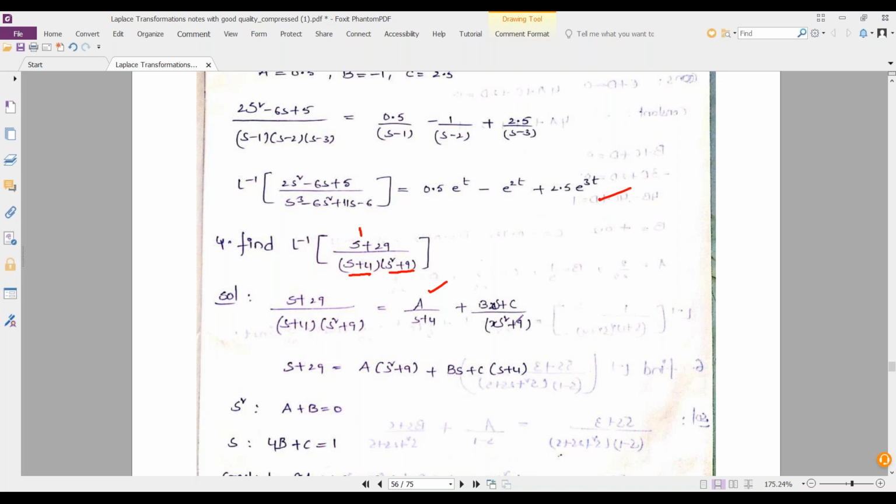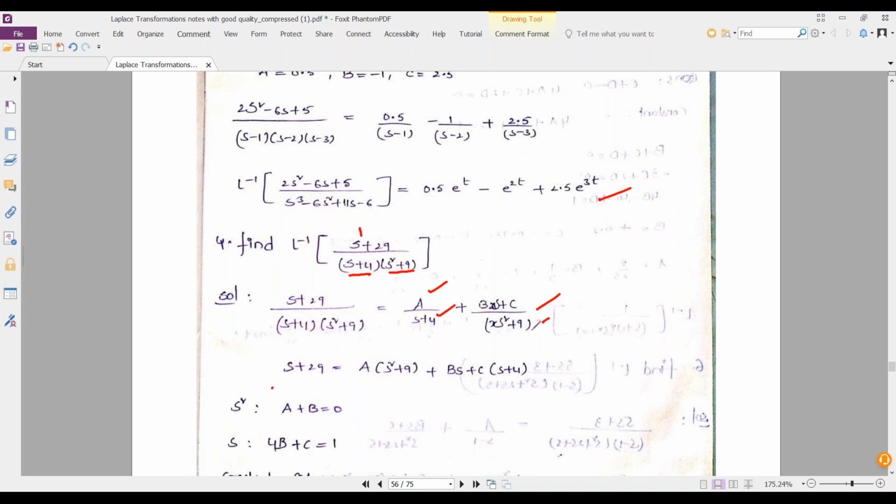The reason is the direct formula here. Whenever the problem is with a higher degree, start with one degree less than the denominator. So here the denominator is 2, so degree 1, so Bs plus C by this. Same logic, you can compute this easily.